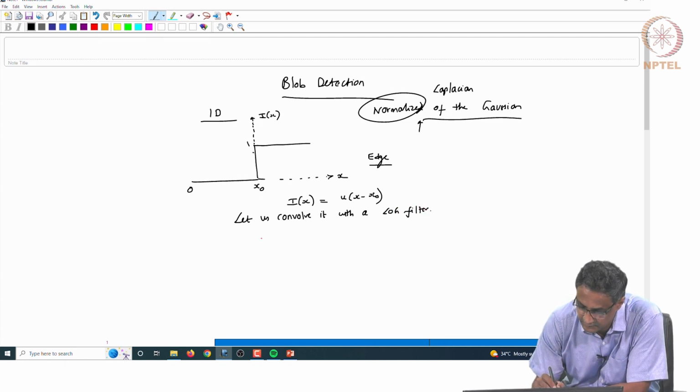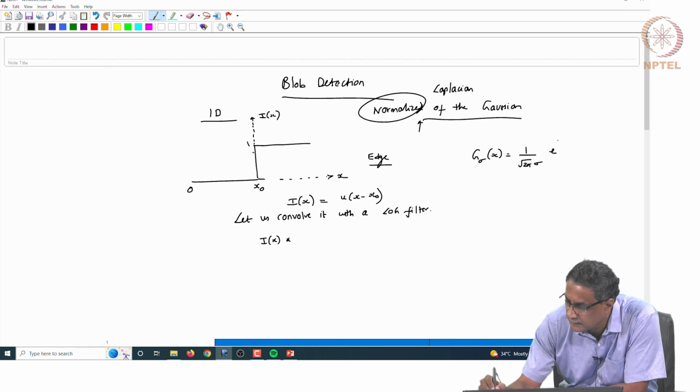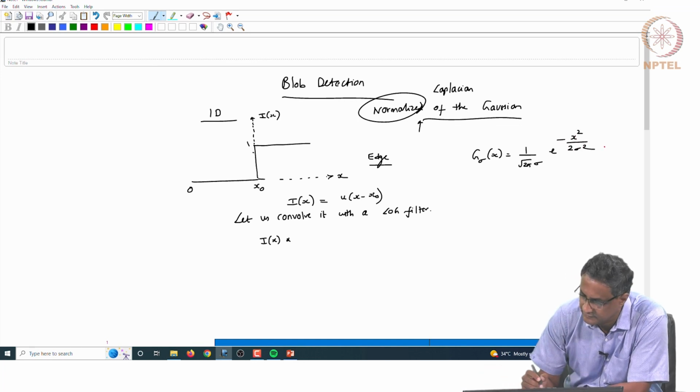What does that mean? Let me convolve I of x with a Gaussian, which I call g sigma of x, which is 1 by root 2 pi sigma e raised to the power minus x square by 2 sigma square.